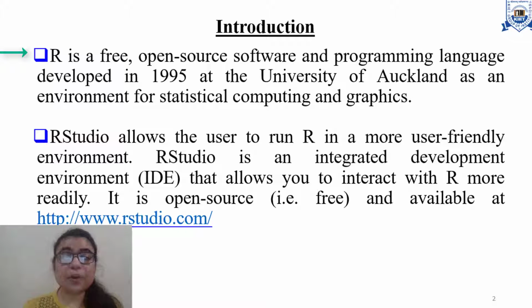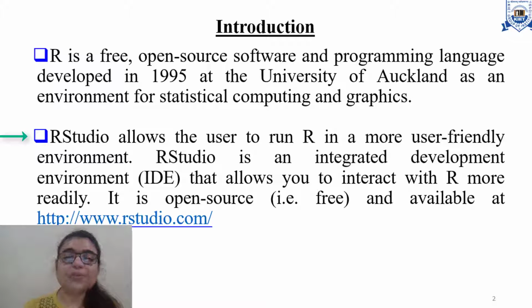R is particularly popular for its graphical capabilities and has gained several packages which have been designed specifically for analyzing the data. So R is a software environment and a language to explore, summarize and model the data.